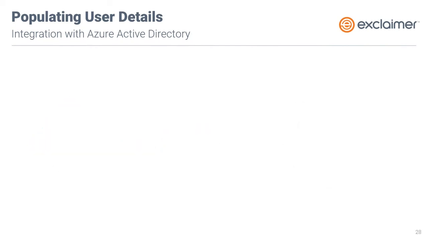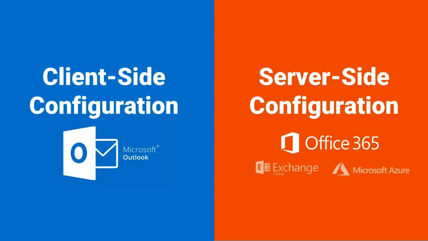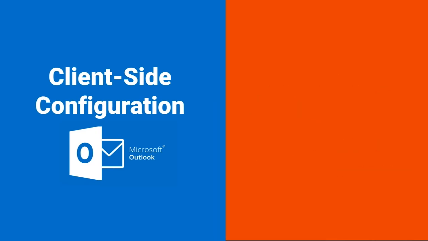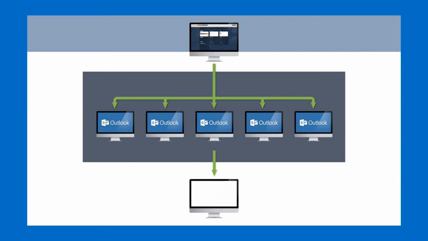And when signatures are ready to deploy, we'll do that using one of two deployment methods. We call client side or what we call server side. Now, client side is more representative of the traditional end user experience, with signatures simply being delivered to the Outlook client.